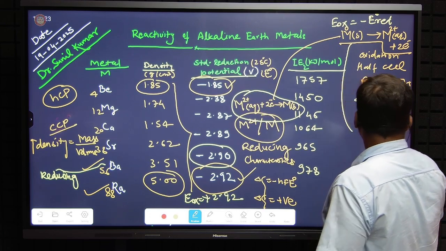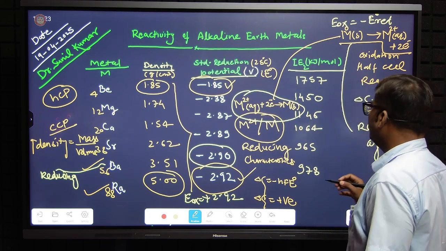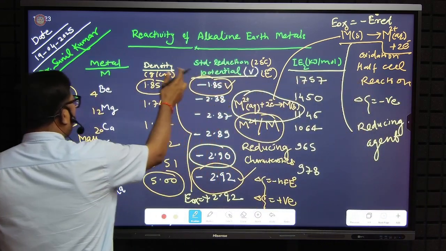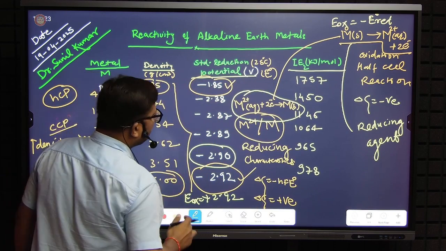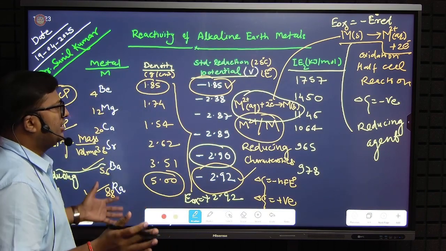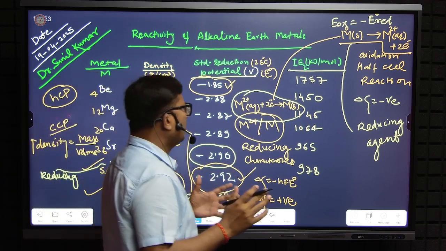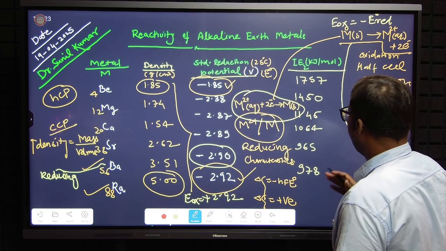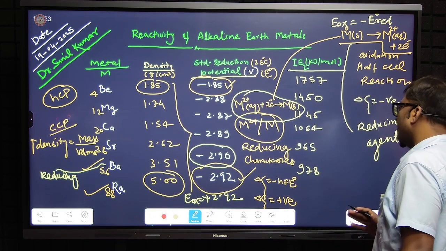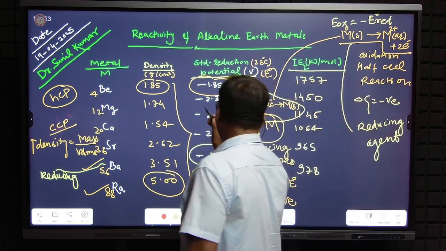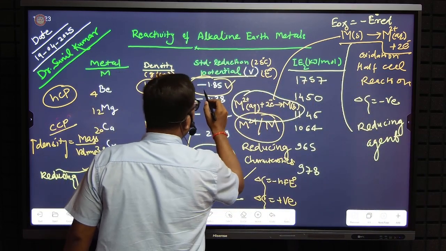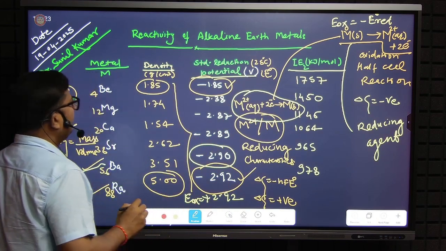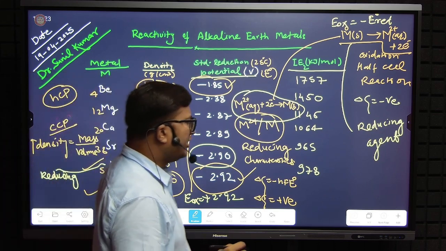So thermodynamically, delta G is less negative for this beryllium. Still there is a negative value, so the reaction occurs thermodynamically spontaneous. But minus 1.85 results in low reducing character.